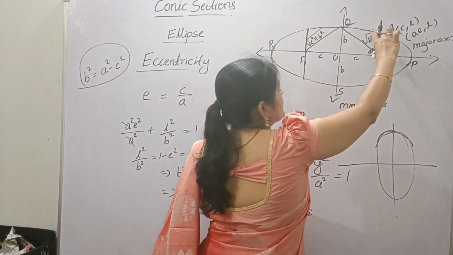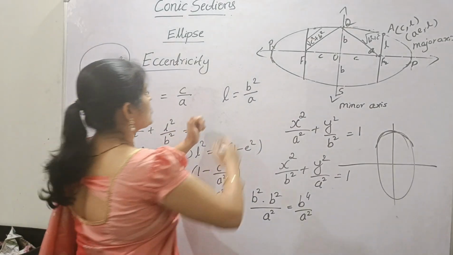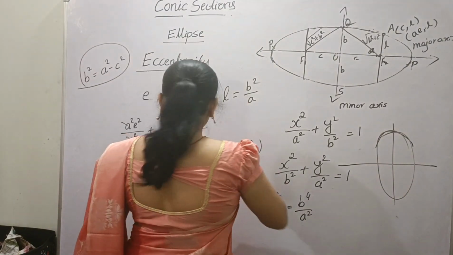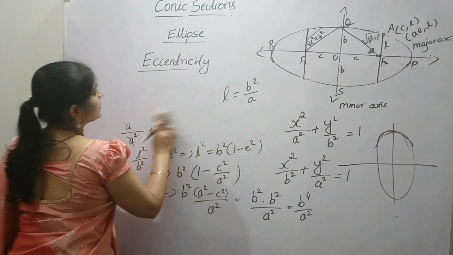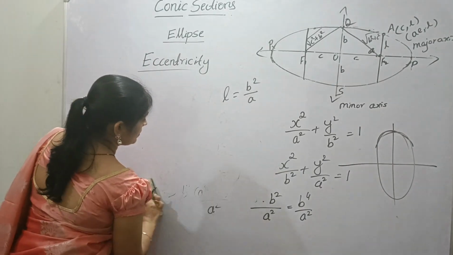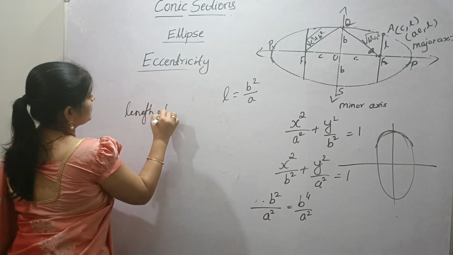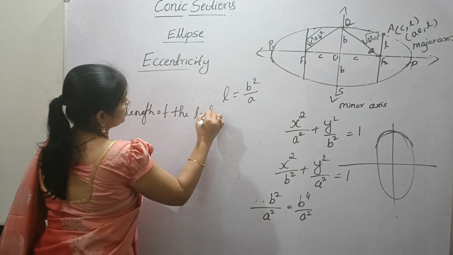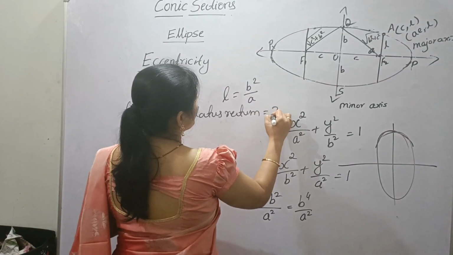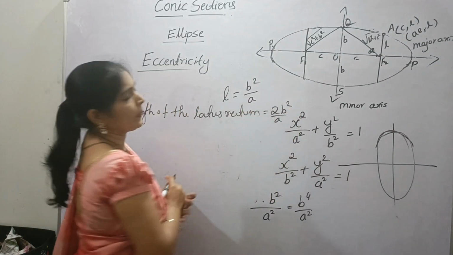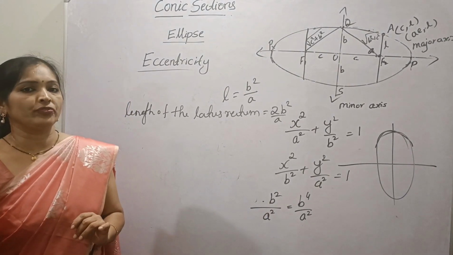What is L? This length. So what is the total length? Twice that. So the length of the latus rectum is equal to 2B square by A. So it is the length of the latus rectum of the ellipse.